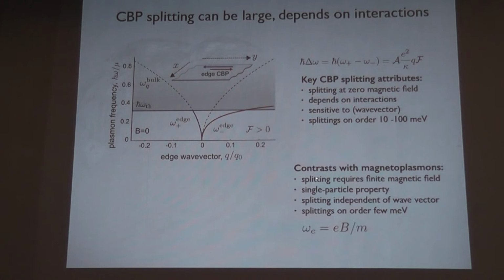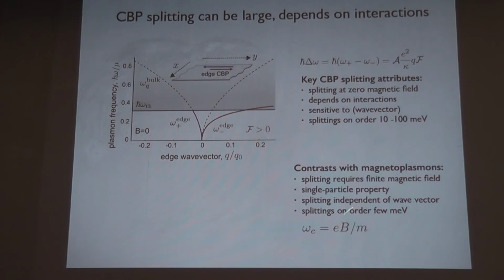But first of all, it requires a magnetic field because omega C scales with B. It's like a single particle property as well. And the splitting between omega plus and omega minus modes is set by omega C, and it's not very large if you put typical values. So there it's actually quite a big difference between the splitting for these Berry plasmons as compared with magnetoplasmons.